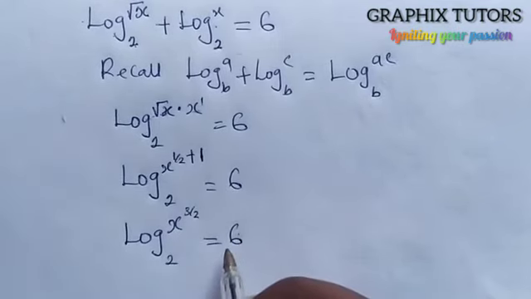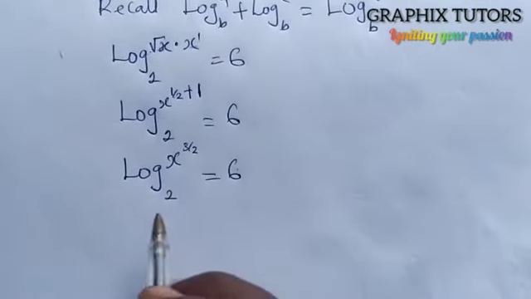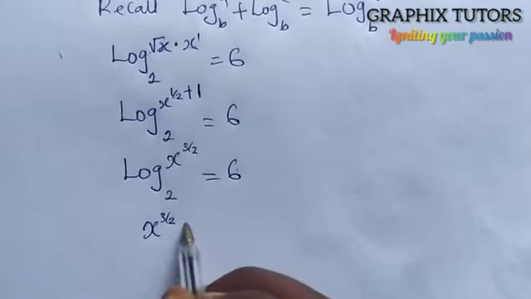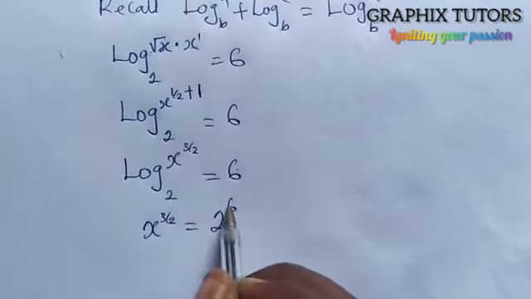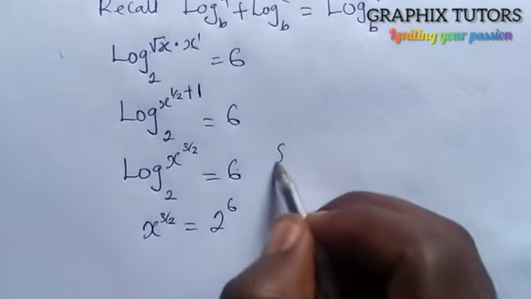Now there's a law from my previous video that I showed you: this is the same as writing x to the power of 3 over 2 is equal to 2 to the power of 6. This will go up and carry the 6 up. Let me write that law here.